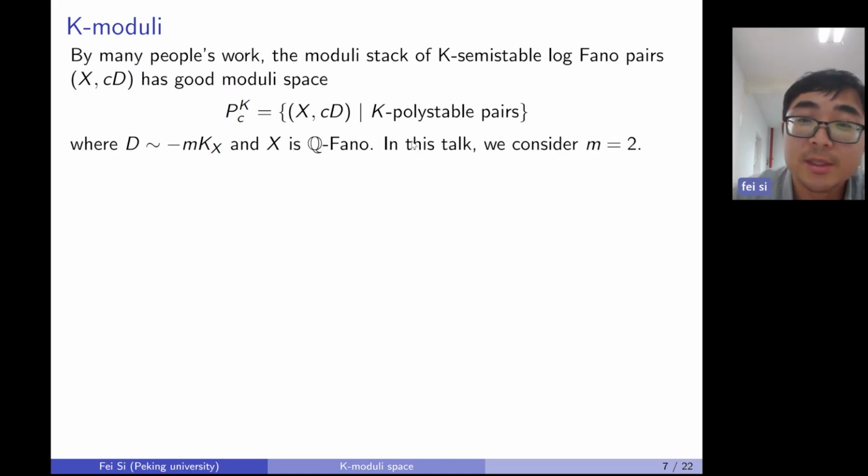For simplicity, in this talk, we consider m equal to 2. Then the moduli stack of such K-semistable pairs will admit a so-called good moduli space. This good moduli space will parameterize the K-polystable pairs.